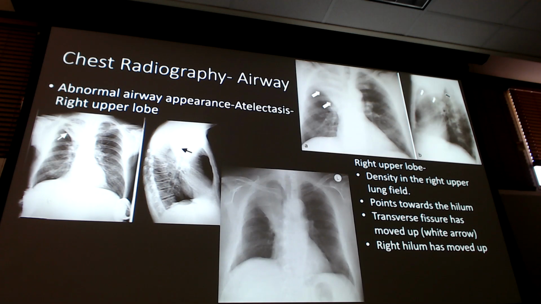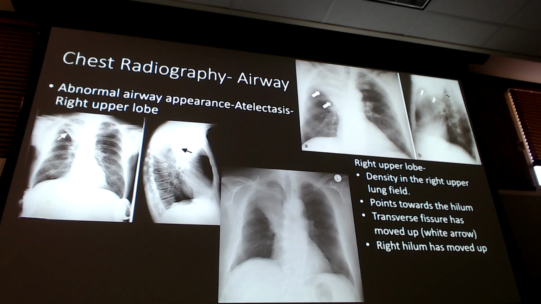So if I don't have fevers and I see that mediastinal shift, either via the trachea or the entire mediastinum, we'll see some other photos of it, okay? Or fissure movement from where they're supposed to be, that's leading me towards atelectasis because it's pulling things from the pressure, right?